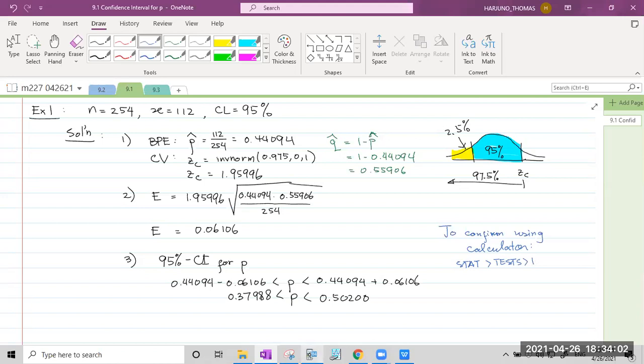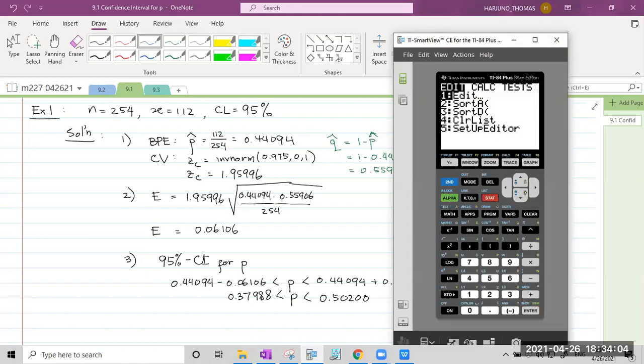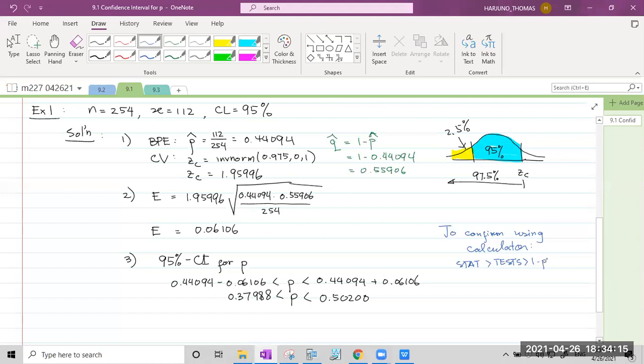I forgot, and I need to look at the calculator. That's stat, test, one proportion z interval. That's where you go.